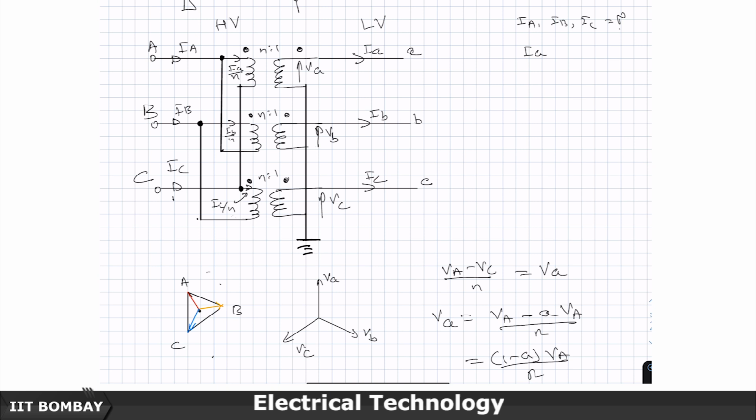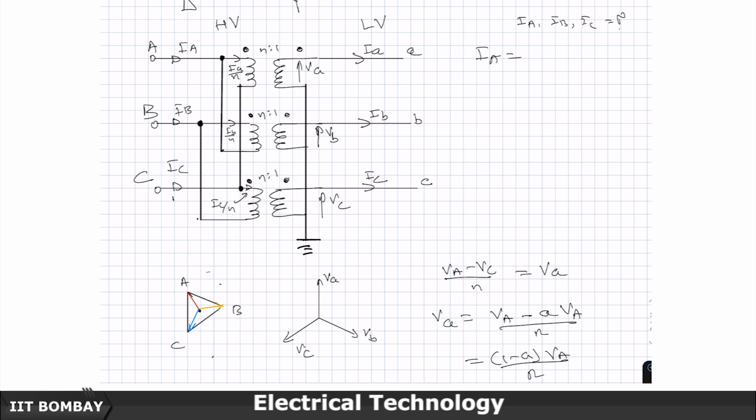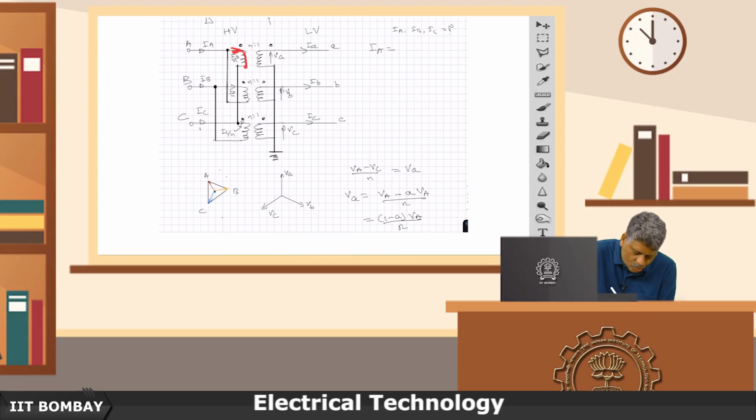Now, let us write the equation for IA. I am going to apply KCL on this node here. The current flowing out of this node is small ia by n, and the current going out should be equal to the currents which are coming in.